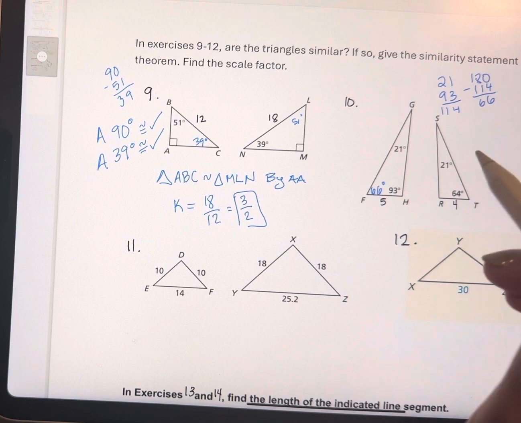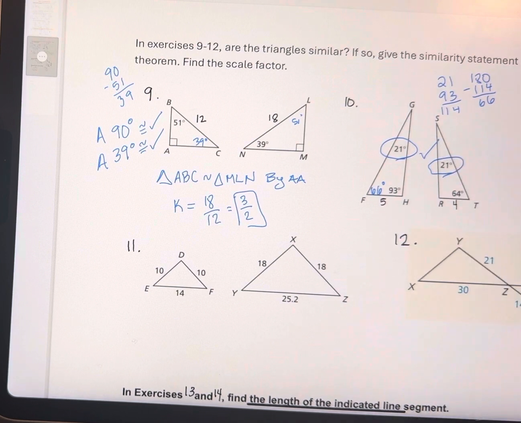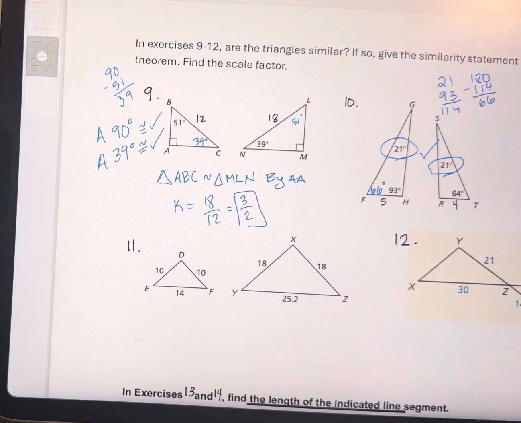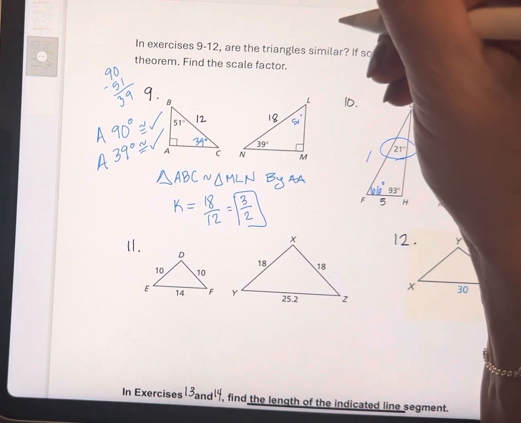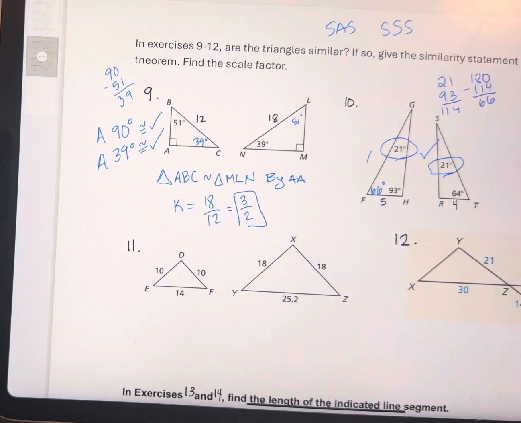And now looking here, I've got one set of angles, check, but I'm not going to get another set of angles. So we do not have angle, angle. So these are not similar. And we don't have enough sides. They've only given us one pair of sides. And as far as sides go, we need either SAS, which is 2 sides, or SSS, which is 3 sides. So here we just don't have it. This is not similar.